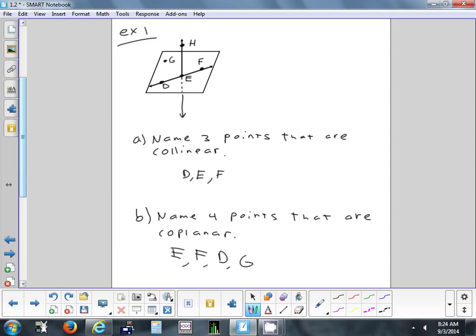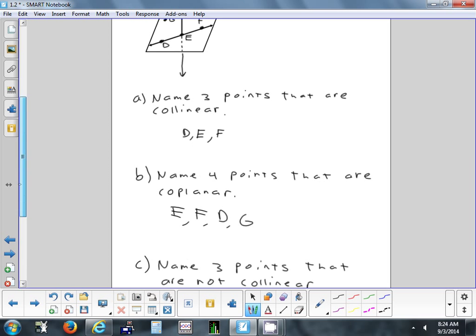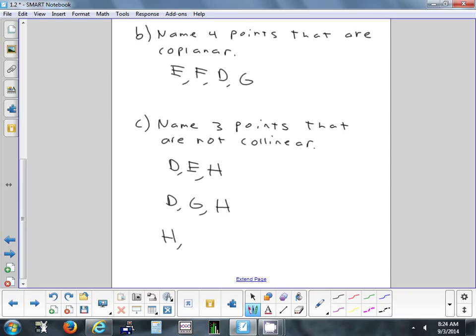Okay, anybody see a third one? I think we can stop with this one, but we got one more. Kira? H, E, G. H and E, those are collinear, but then you throw in G and now they're not. Would GEH count as something different?